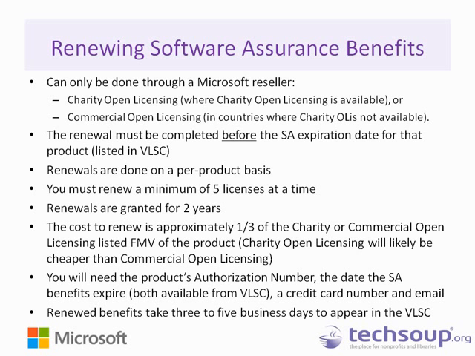In order to begin your renewal process, you need the authorization number for the product that you wish to renew software assurance benefits on, the date of software assurance expiration, a credit card number and an email address. Once you complete the process and confirm your renewal, it takes about 3 to 5 business days for that renewal to appear in volume licensing.